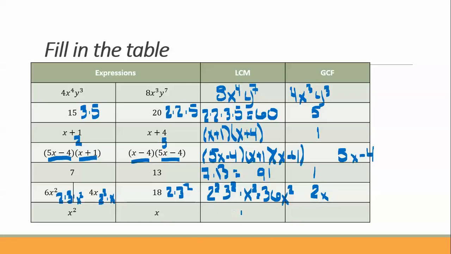Our least common multiple, we want the variable with the highest exponent, so it's x squared, and the greatest common factor is x. So just as a little recap, least common multiple is all factors and the largest exponents.